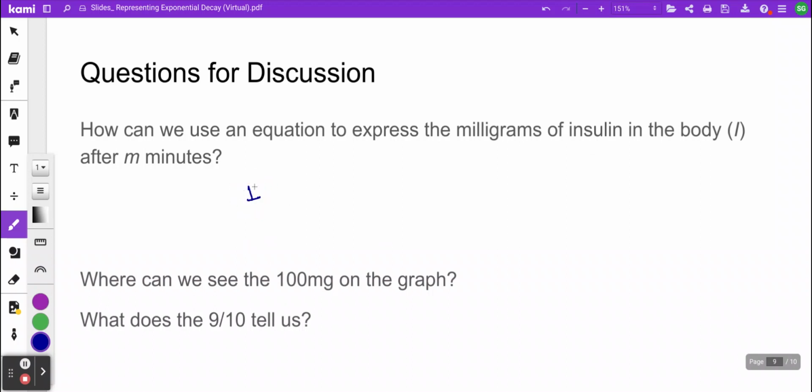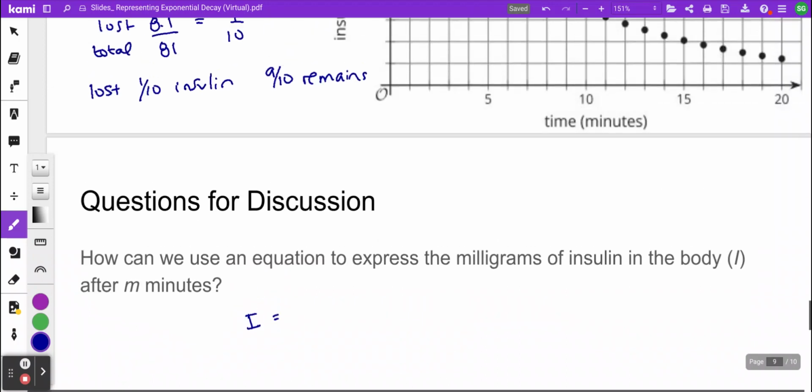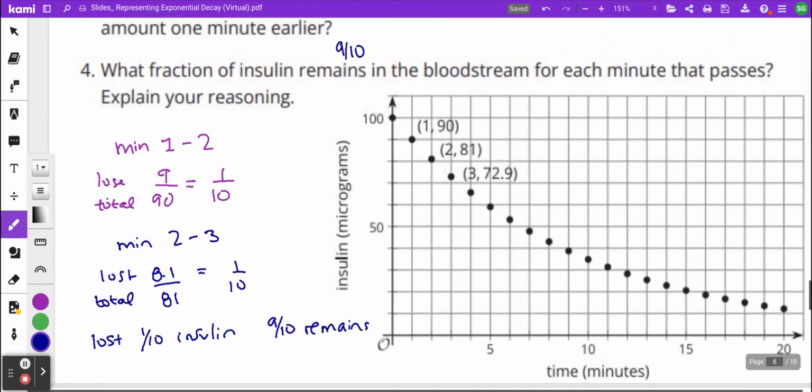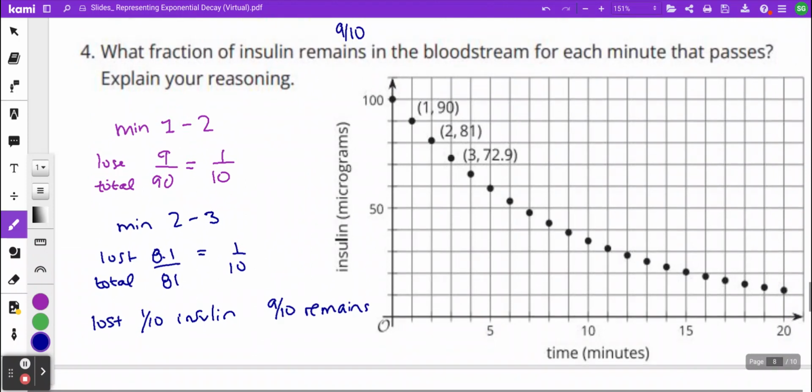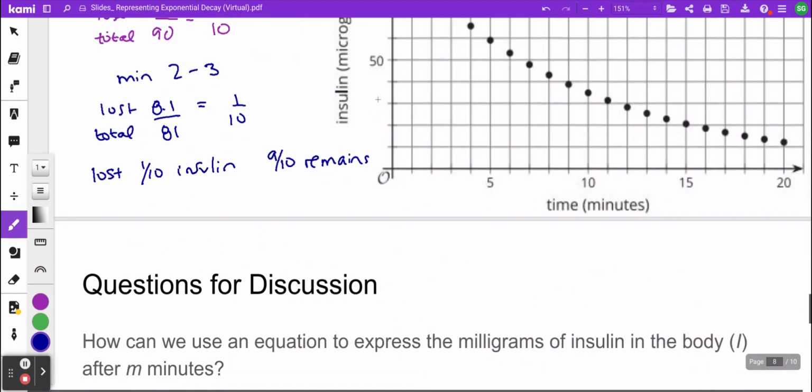If we wanted to write an equation to represent how much insulin is in the body, again, one of those numbers we always need to help us write these equations is the number that represents how much insulin we are starting with. That was given to us in the story, and we also talked about it at the beginning. That's this number 100 here. I'm finding it on my y-axis.